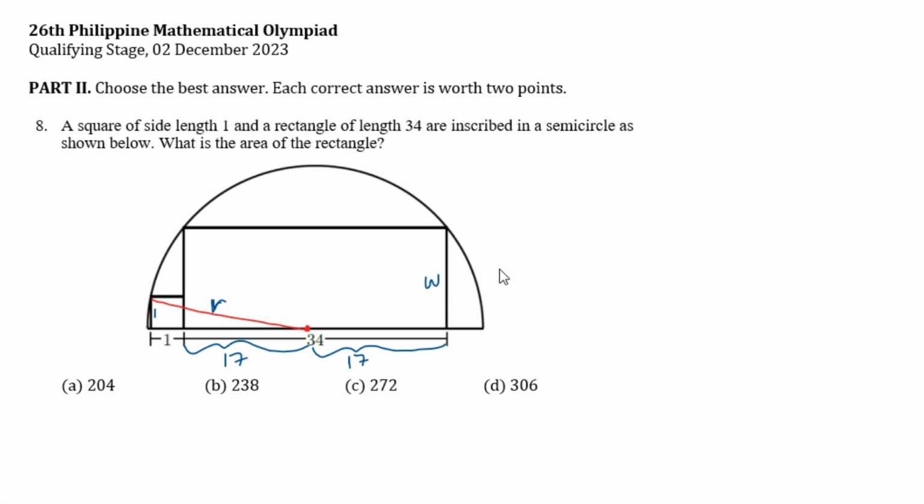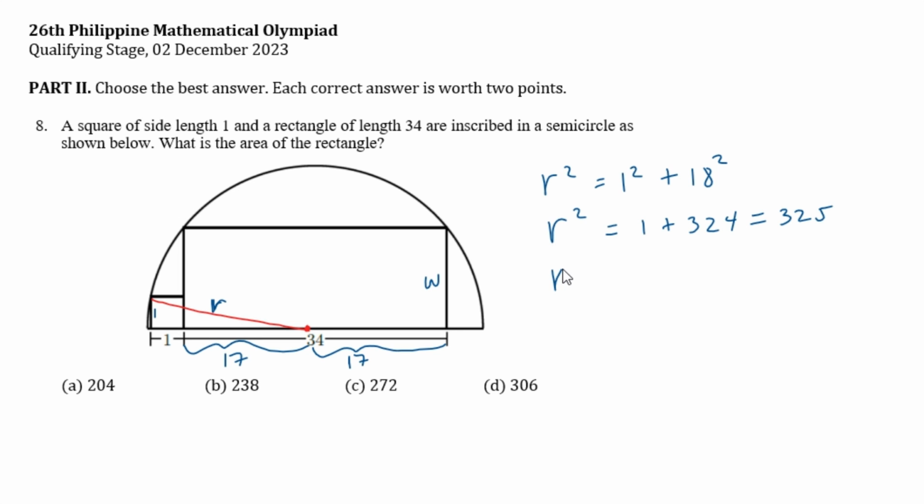So now we can just solve for r by using the Pythagorean theorem. So we have r squared equals 1 squared plus 18 squared. So r squared is equal to 1 plus 324, which is equal to 325.